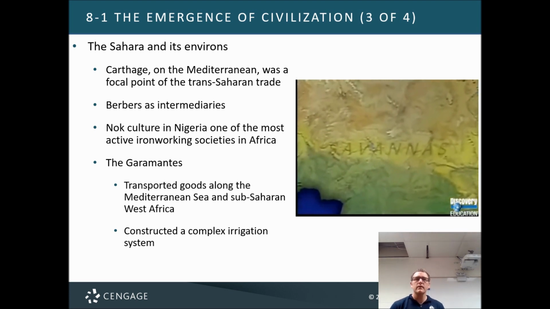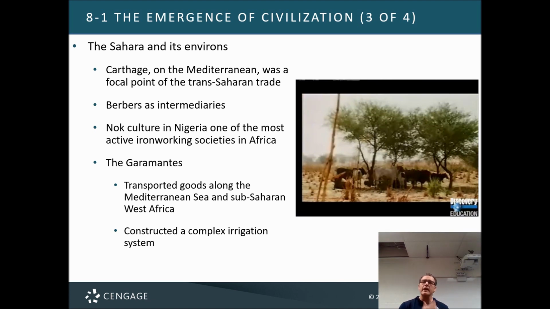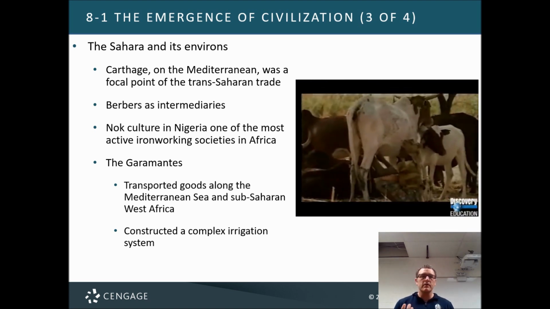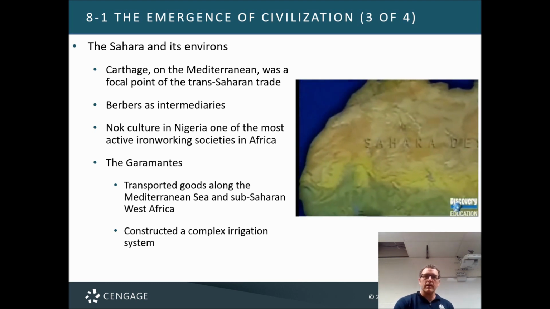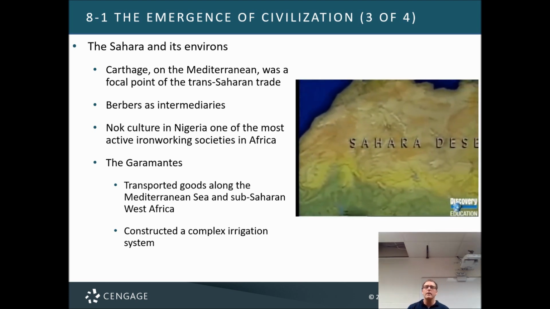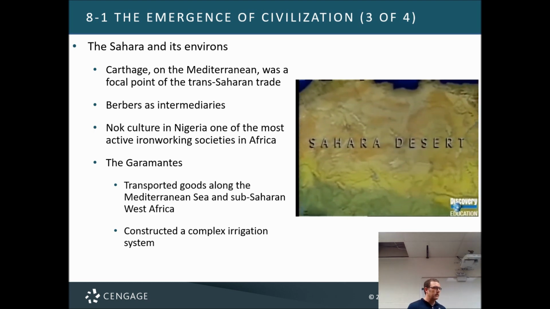But then around the first millennia before the Common Era, there was this commercial center that we talked about when we looked at Rome, of Carthage. And of course, they had become a very important trading empire of the trans-Saharan trade network.